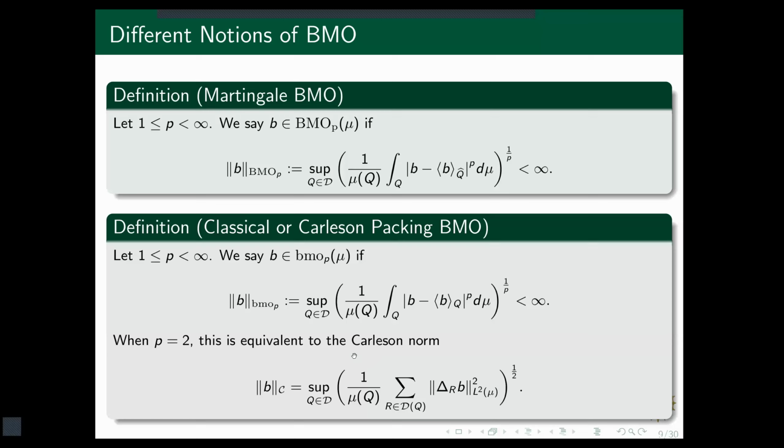And you can use the orthogonality of the martingale differences to easily calculate that when p equals 2, this is equivalent to what's known as the Carleson packing norm or Carleson norm of a BMO function, where you sum up the L2 norm of Delta_R b, where R is a dyadic descendant of Q, and then you divide by mu of Q and take that to the 1/2. That ends up being the same thing as when in this integral above, you replace p with 2. And again, you can see that just using orthogonality.